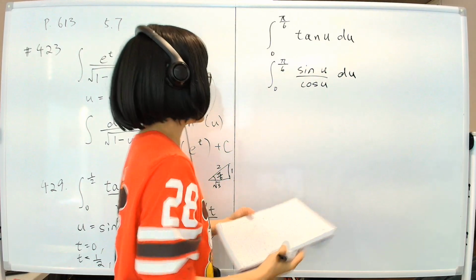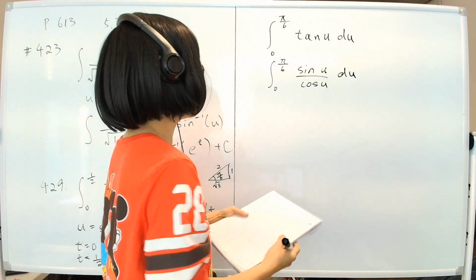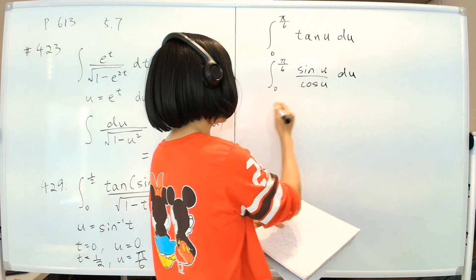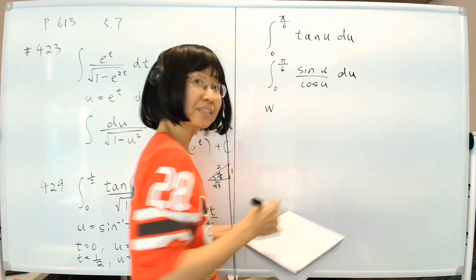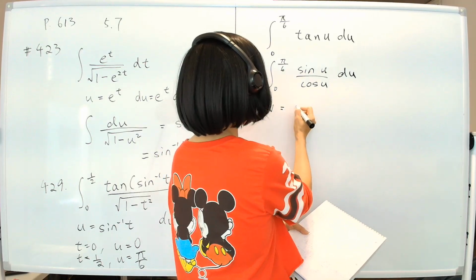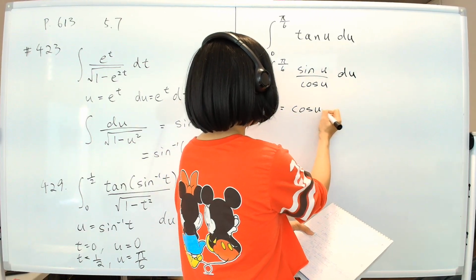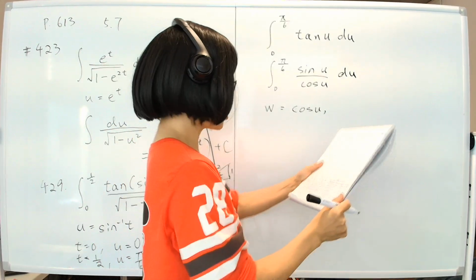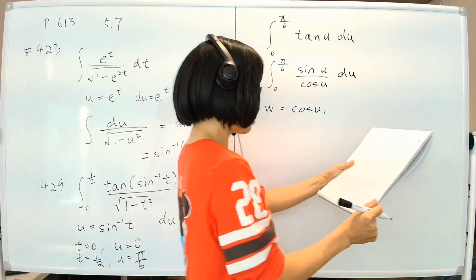Now at this point, we're going to do another substitution. This time, being that we've called this variable u, let's call the new substitution w. Let w equal cosine of u. Then we pull the same trick. Different variables, same trick. We're just calling the variable by a different name.